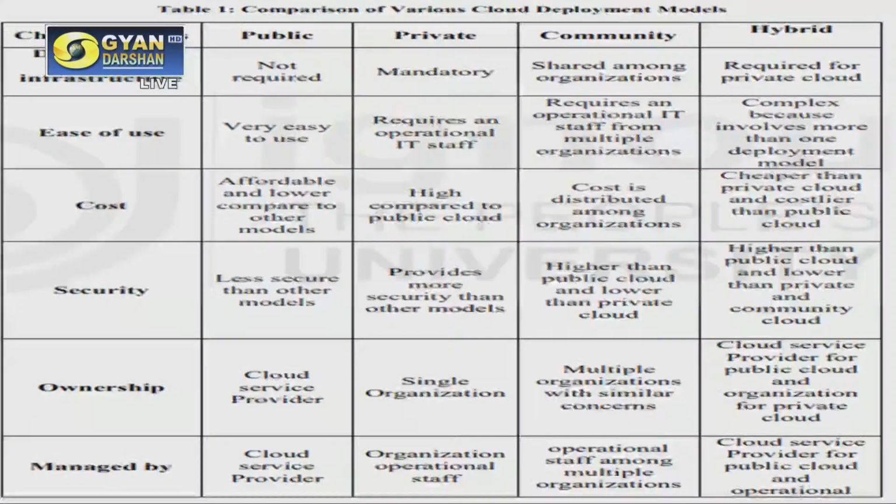Apart from this, the hybrid cloud is on the cheaper side in comparison to the private cloud, because we are amalgamating the features of the public and the private cloud. In the public cloud, the cost of operation is on the lower side, wherein in the private cloud it is on the higher side. So the combination of the two is moderate, as per your need.